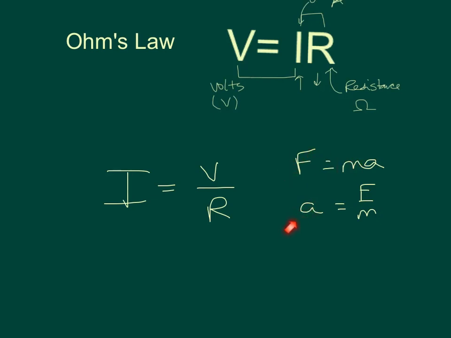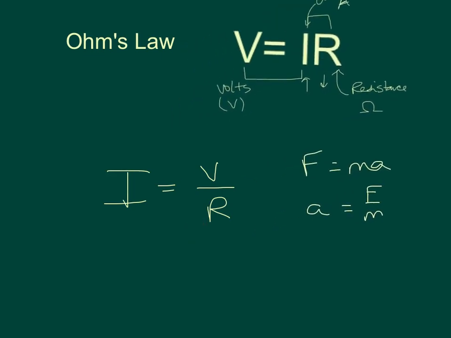You couldn't say I'm going to have 2 meters per second squared acceleration. You can't say I'm going to have 2 amps of current. The amps of the current depend on how big your voltage source is and how much resistance your material has. But these are less used.